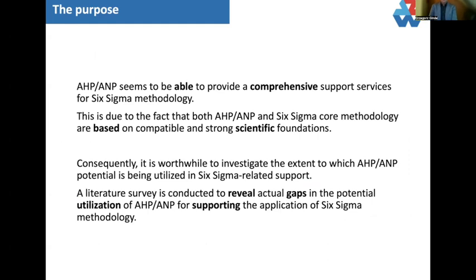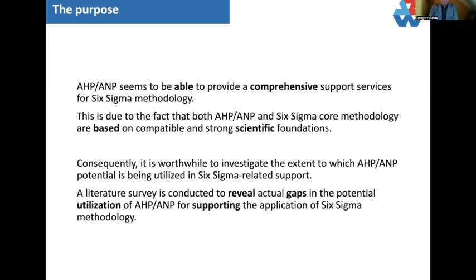Okay, so we can see that AHP and ANP seem to be able to provide comprehensive support for Six Sigma methodology. This is mainly because AHP, ANP and Six Sigma are all based on strong scientific foundations. That is why AHP and ANP are well suited to be applied for Six Sigma.